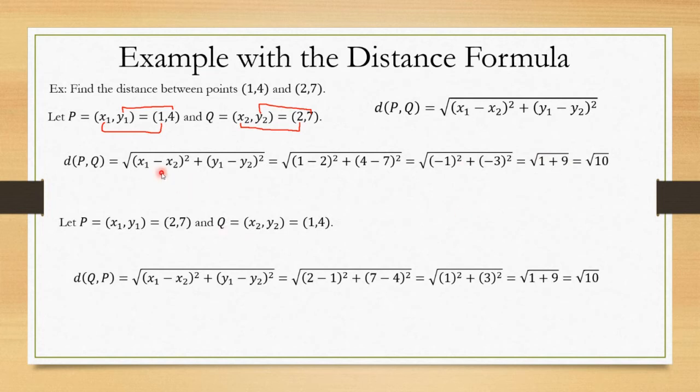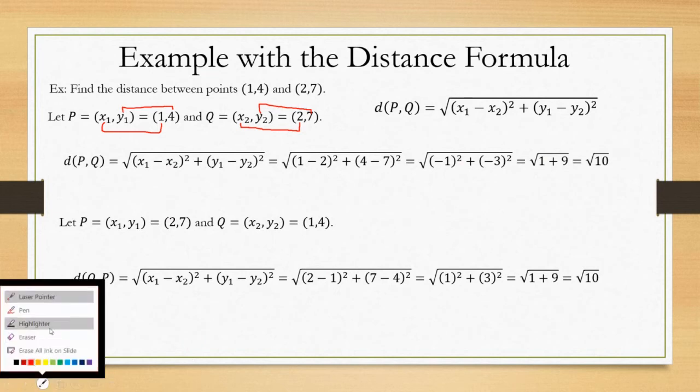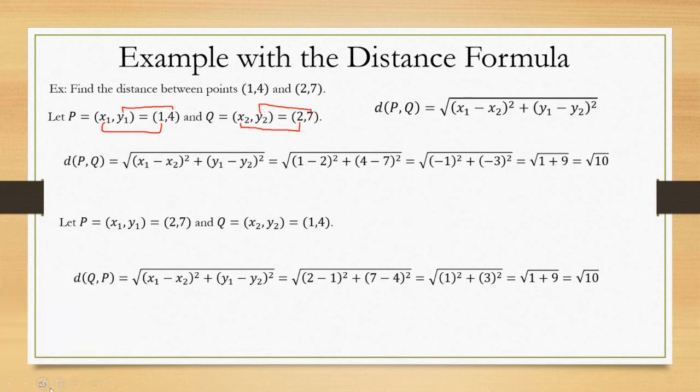But this is what I was trying to say before. Let's say we chose the other point to be P and the other point to be Q. What's going to happen? In this case, we have X sub 1 as 2, X sub 2 as 1.